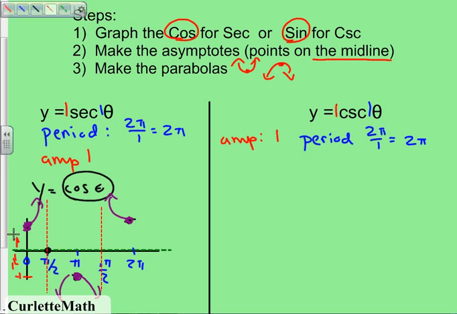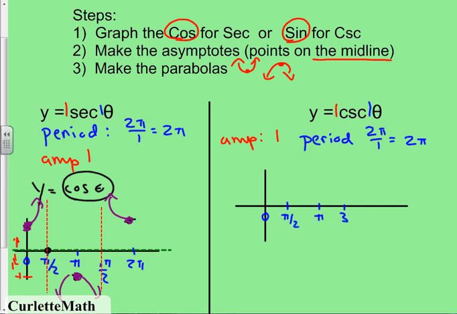Now, let's start graphing in our points that make up our period: 0, pi over 2, pi, 3 pi over 2, and 2 pi. I didn't have a vertical shift, so my midline stays there at the x-axis. I have an amplitude of 1, so I go up 1 and down 1.